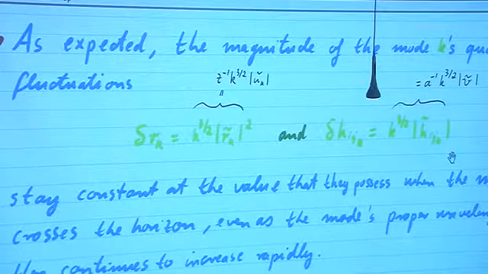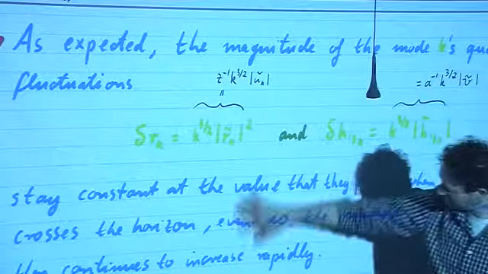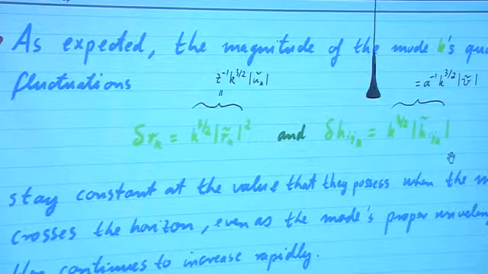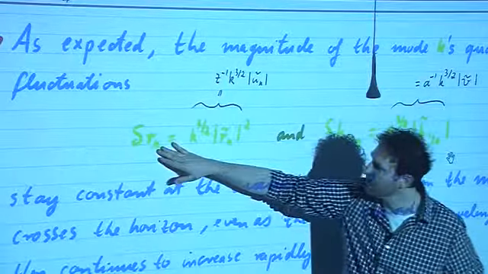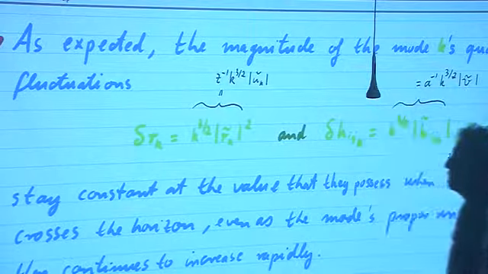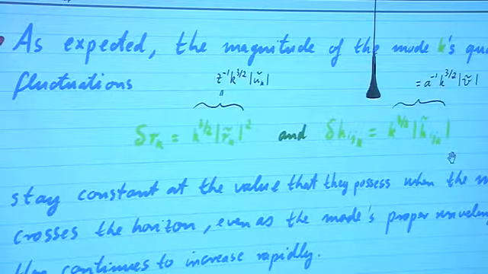So, just to say it again, because it's here on the slide, this quantity stays the same. The amount of quantum fluctuation stays the same for a mode after it crosses the horizon, even if it then goes on to get expanded to cosmological size.